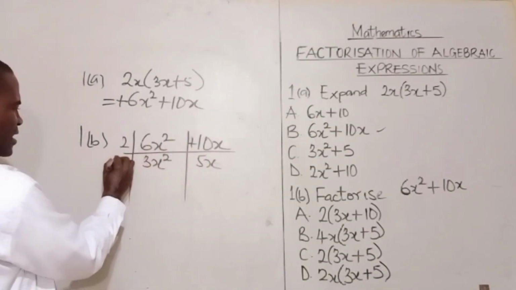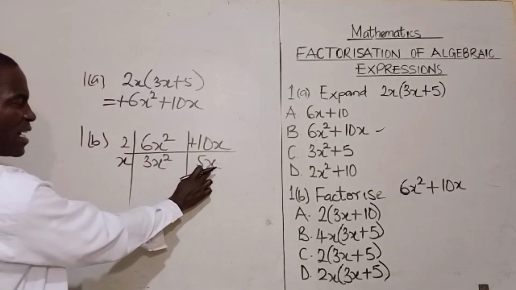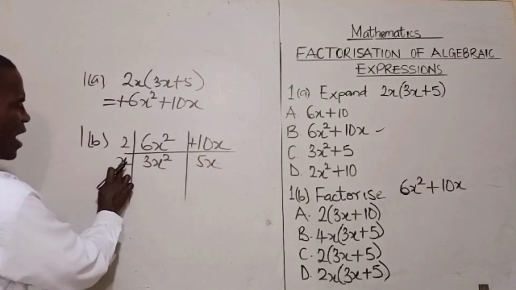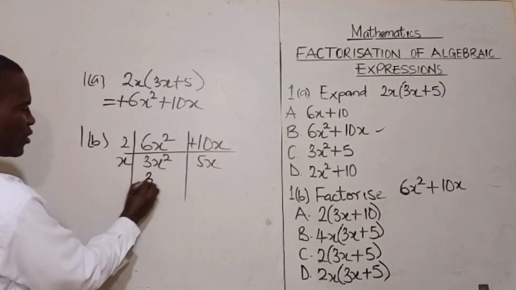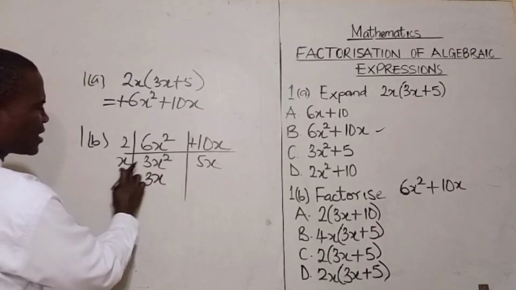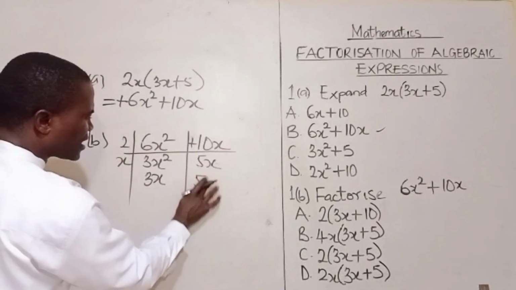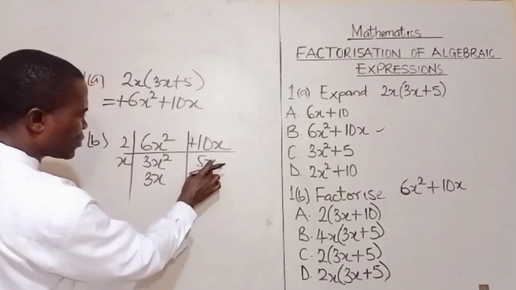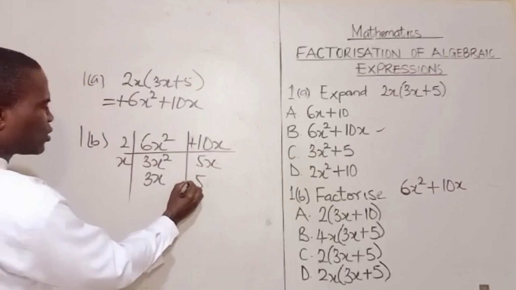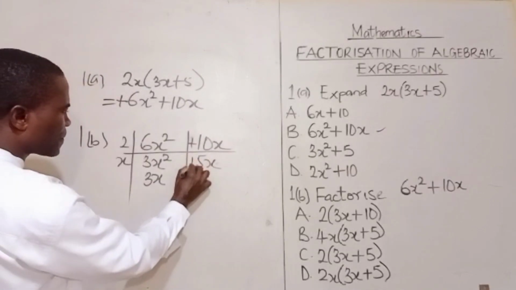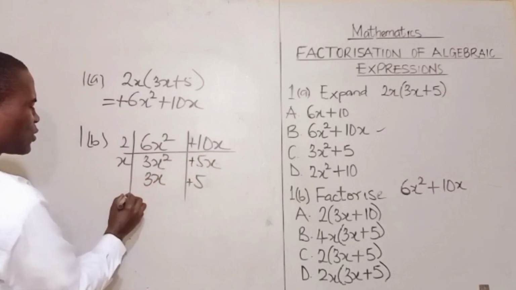Now we see x is also common. x is here, x is here. And so x goes into this, we have 3x, and x goes into this one, it is going to be 5. So this is plus 5, and here is also plus.